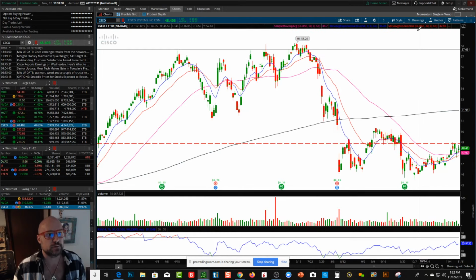Got to watch and see. Just because something looks like something doesn't mean it's going to happen. But you want to see it ideally get above that $49 level, like right at the top of that red wick off that candle right here. If not, and it fails, then you could have a left shoulder, head, right shoulder, head and shoulders, right? So this is just things to look at.